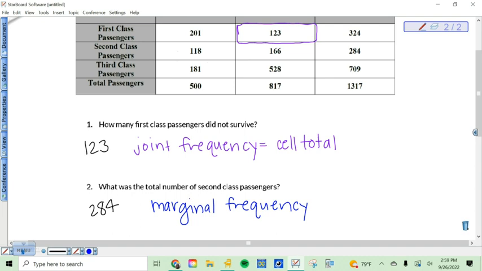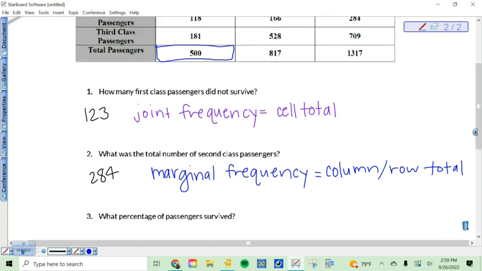Marginal frequency is something that looks at a column or a row total, right? We got that 500 by adding up 201, 118, and 181. That's a column total, or row total. That's marginal frequency.